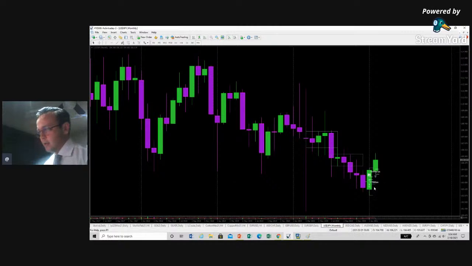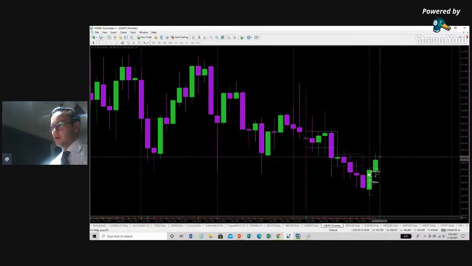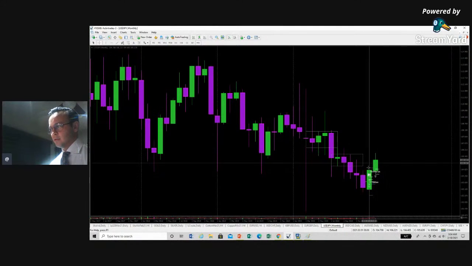On the monthly chart, we have two positive candles. So we are trading the second consecutive monthly close on the upside. It's important to always consider what context you are in on the macro timeframes.